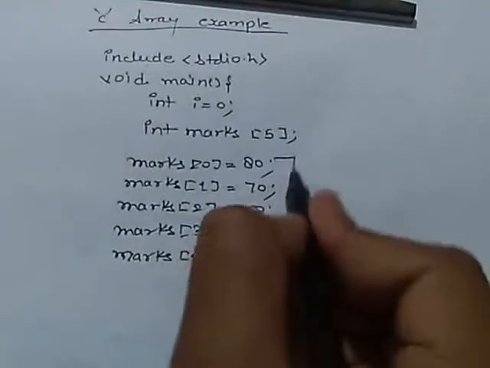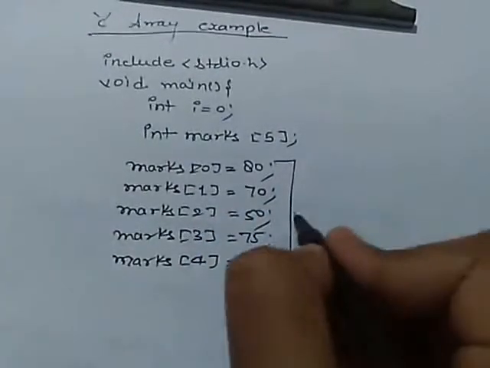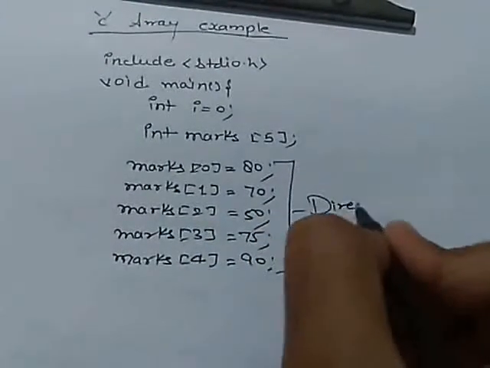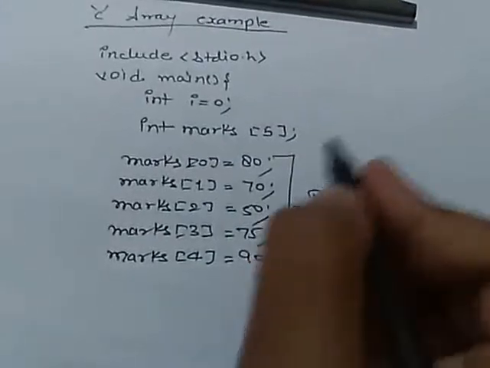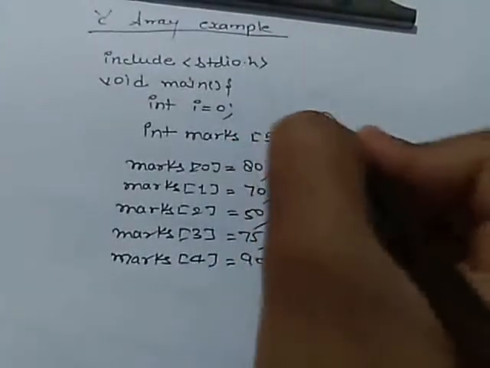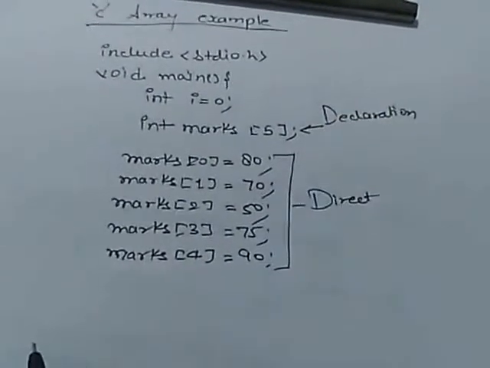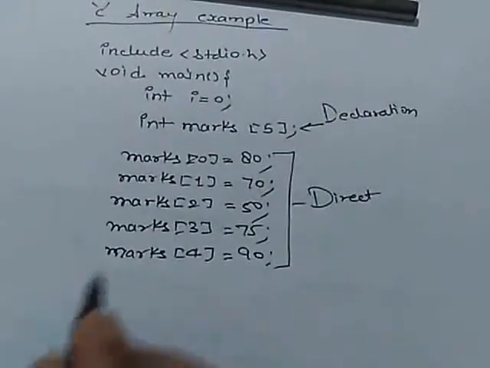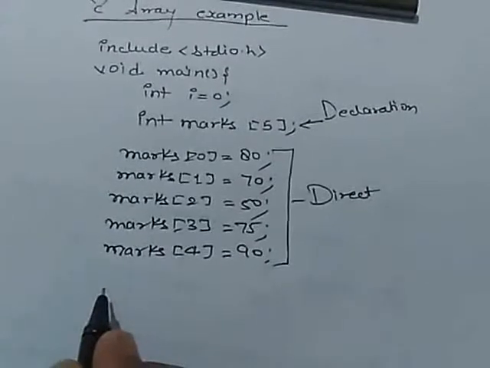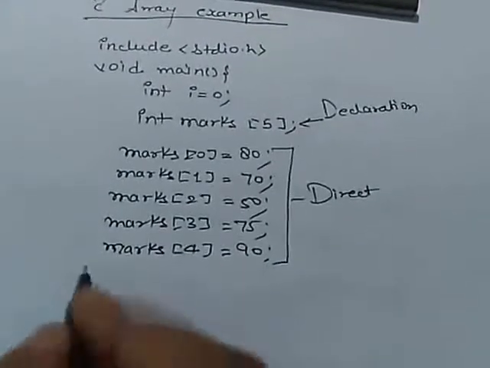Now this is direct initialization, this is declaration, and now for printing these elements we have to use the for loop.